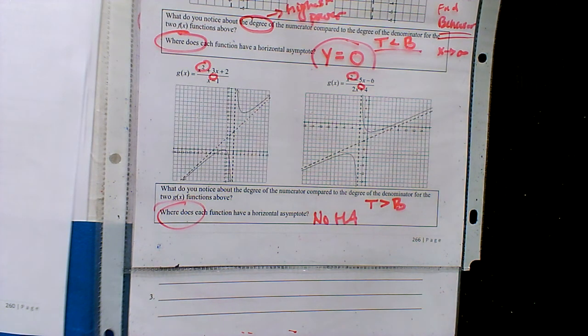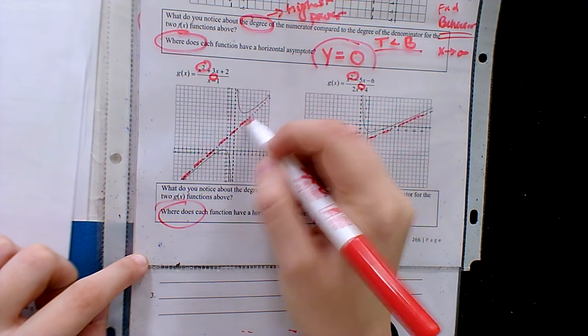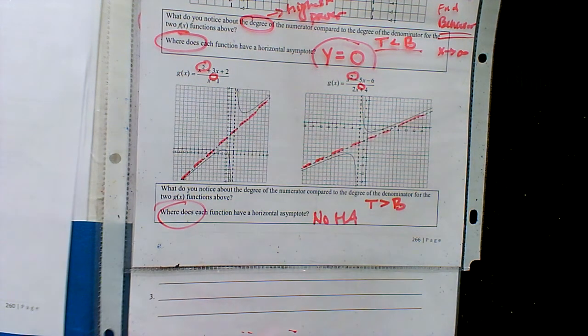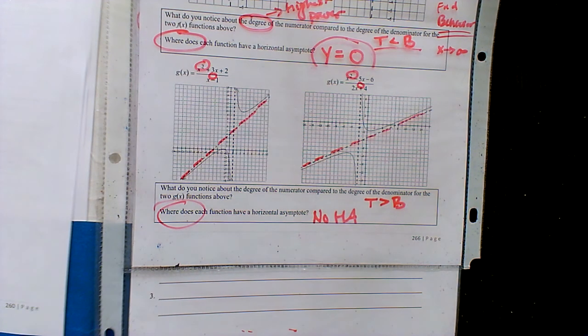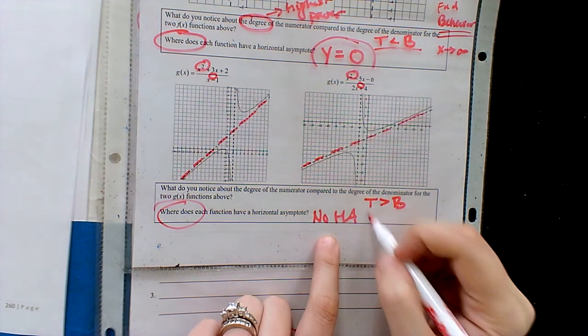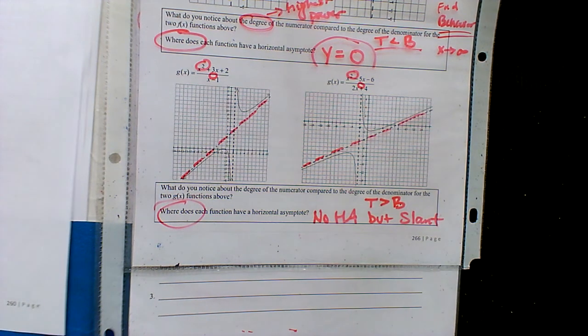It has a slope to it, a little bit different, okay? So when the degree of the top is bigger than the degree of the bottom, we're not going to have a horizontal asymptote. It's going to be diagonal or slanted. So no horizontal, but we'll say a slant one. Have we seen those before? Slanted ones? Okay.